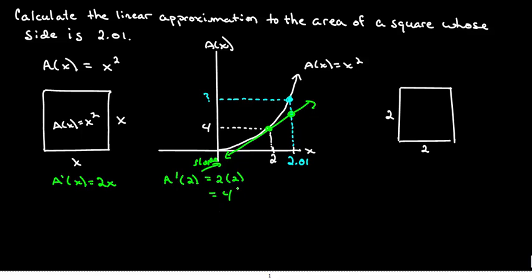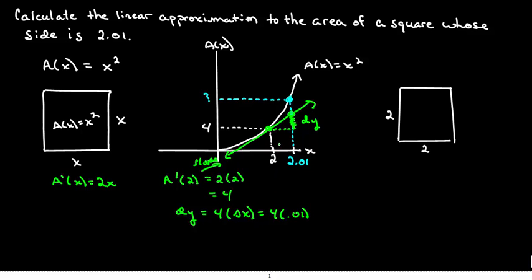So what we need to do to figure out what this green length is right here, which we call dy, we know that dy is going to be equal to 4, which is A prime at 2, times the change in the x value, which is 4 times 0.01.